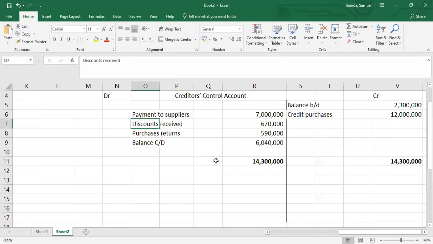Okay, discounts received is supposed to be debited, sorry, because it reduces what we should actually pay to the other person. So basically, what we are going to do within our respective account, even before we do that, is we shall first get our balance. Let's first get our balance, what we have.